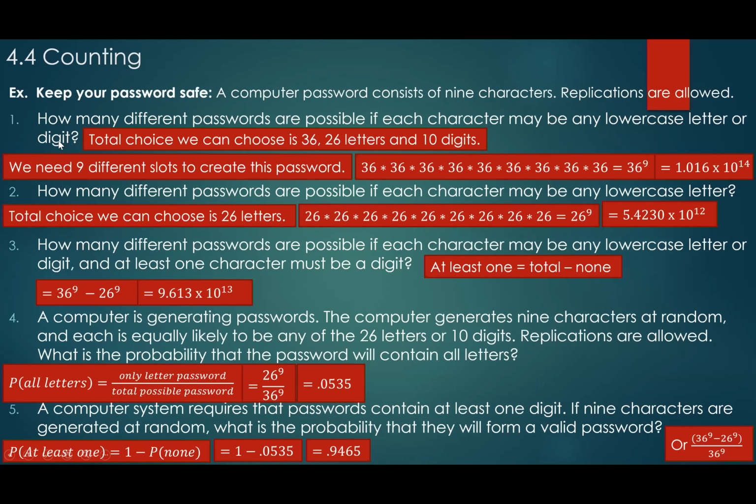So we have 15 plus 10, which is 25 instead of 36. So you have to ask yourself what description they're giving us. In this case, they give us any lowercase letter, which means they specifically don't want an uppercase, and then any digit. That's why we have 36.